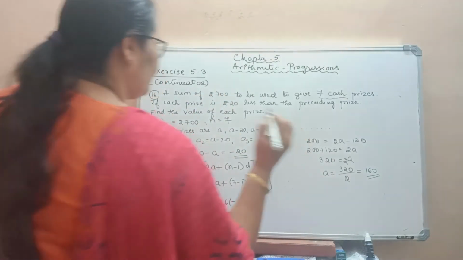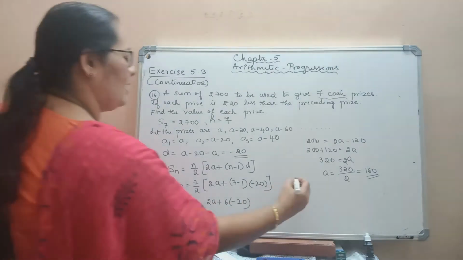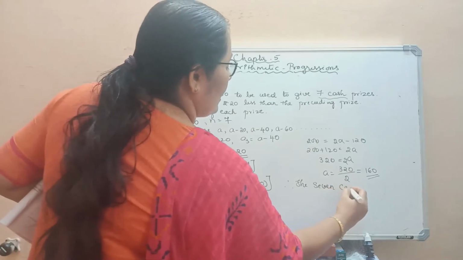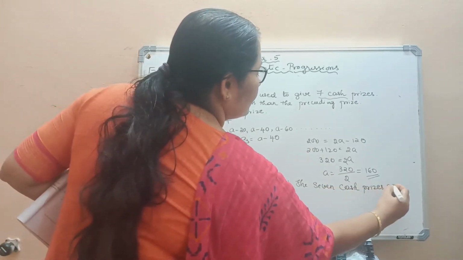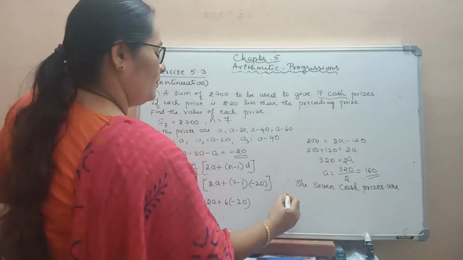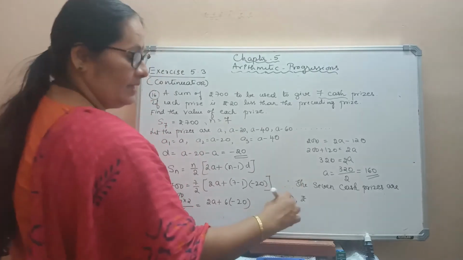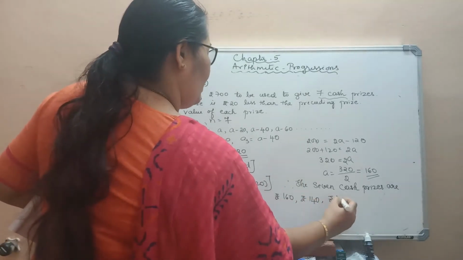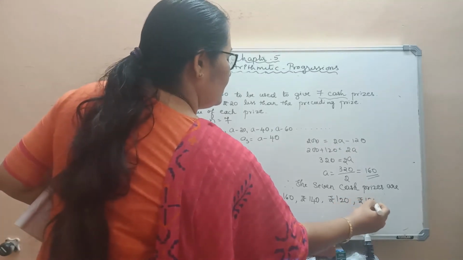Therefore, the 7 cash prizes are: first one is 160 rupees. Then the next is 20 less, 140. Next one is 120. Next one is 100.